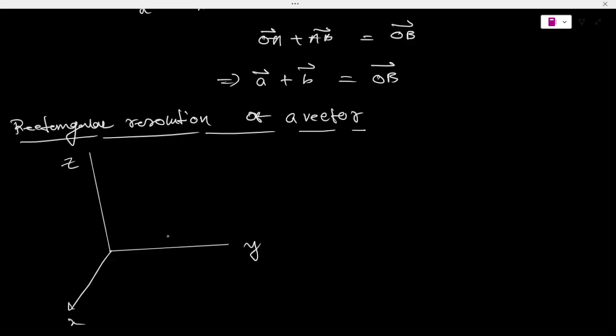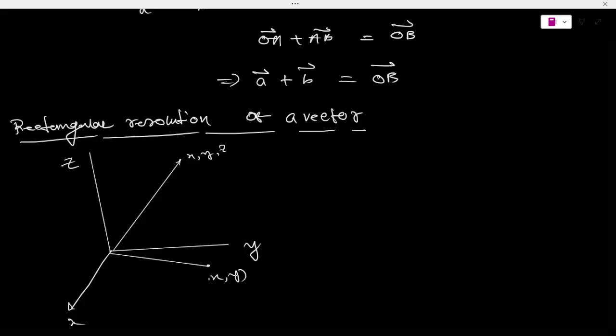Okay, so take a point x, y, and z. This point is x, y, z. So from point A to B, this is the point. And another point here on the x, y plane. This is the x, y plane.